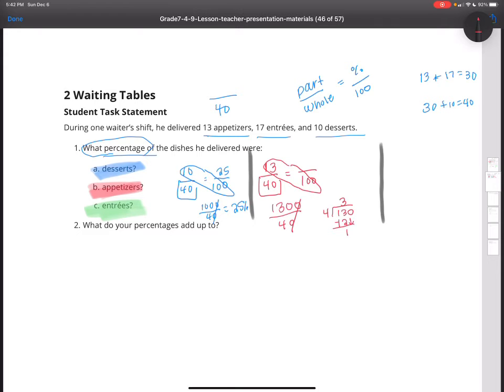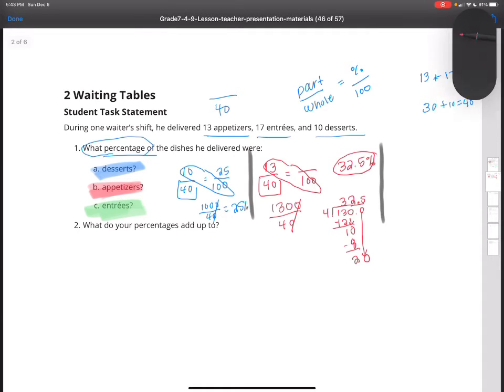Okay. 4 can go into 10 how many times? Twice. And what I want to do is add my decimal. Yes, a percentage can have a decimal. Add my 0 and drop it. So then, how many times can 4 go into 20? If you guess 5 times, you are absolutely correct. So it's going to be 32.5%.